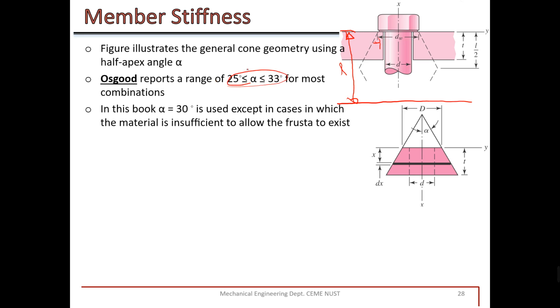It means that from start to end the angle will be changing, so it will become a parabola. So we are not concerned with this. To get a simpler case, we use alpha equal to 30 degrees, so this will be a 30-degree angle here. From start to this point, this will be grip by 2.